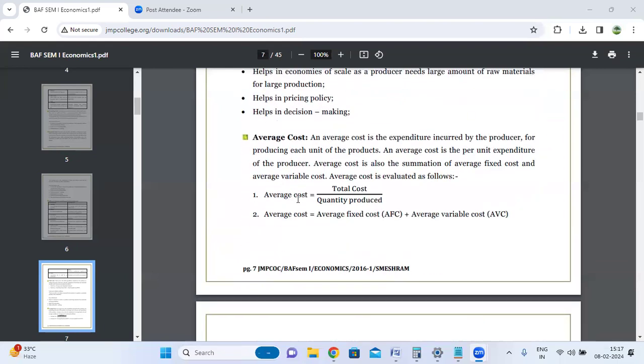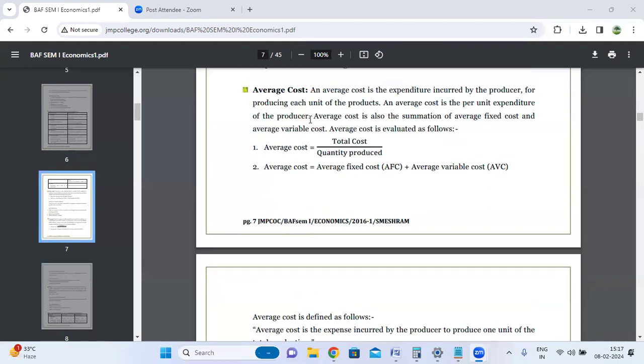Next one, average cost. An average cost is the expenditure incurred by the producer for producing each unit of product, that is, the expenditure per unit.